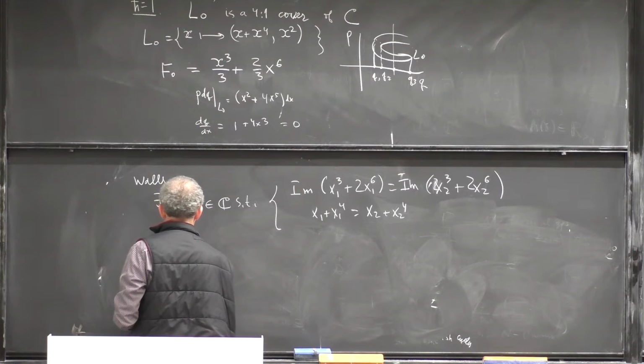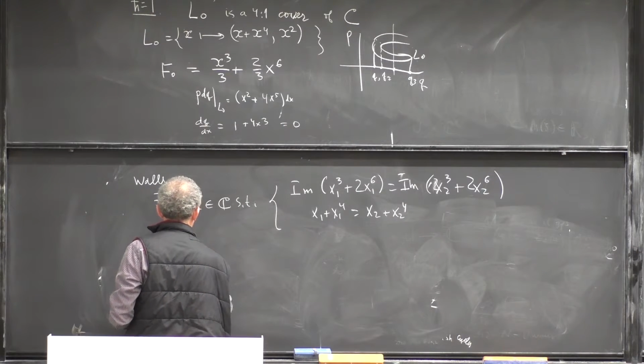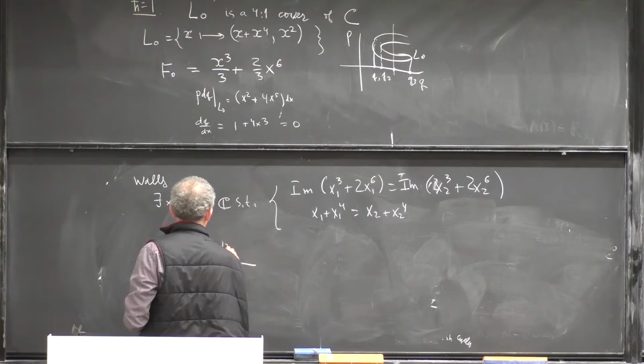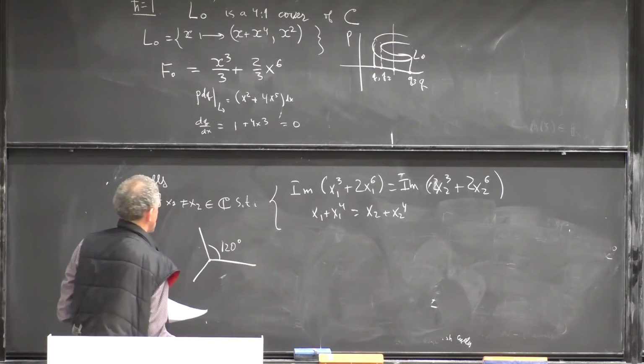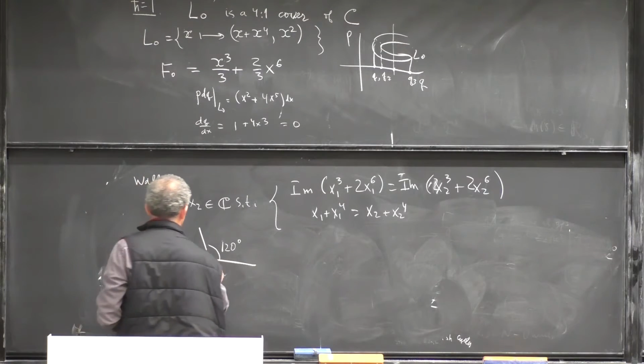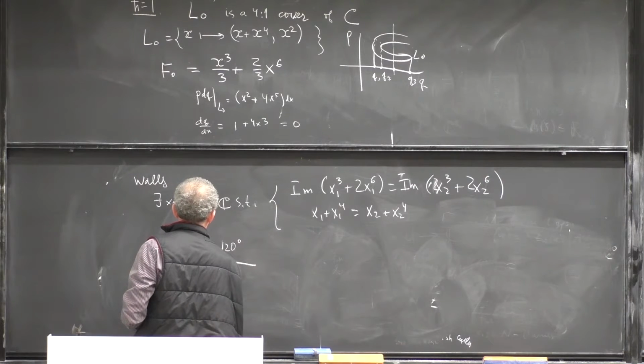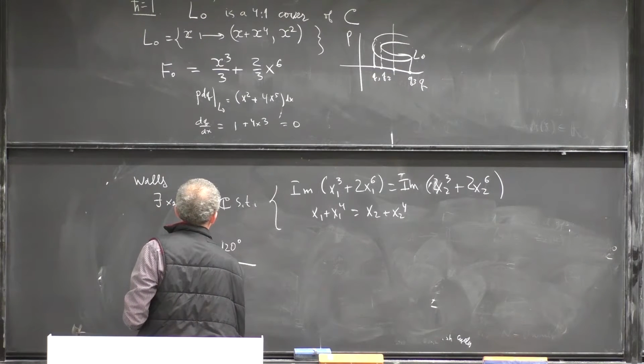Here we have 3 rays with the angle of 120 degrees coming out of these critical values.